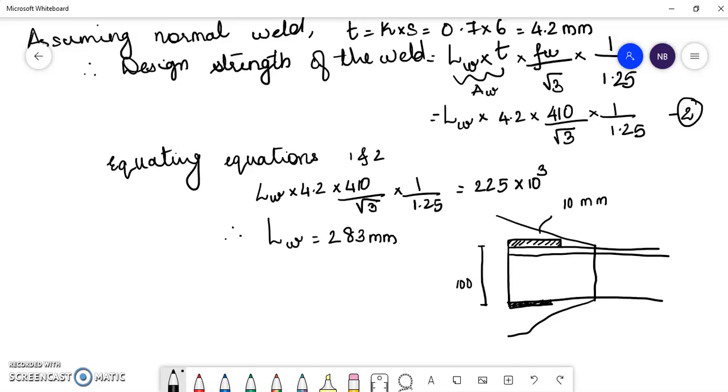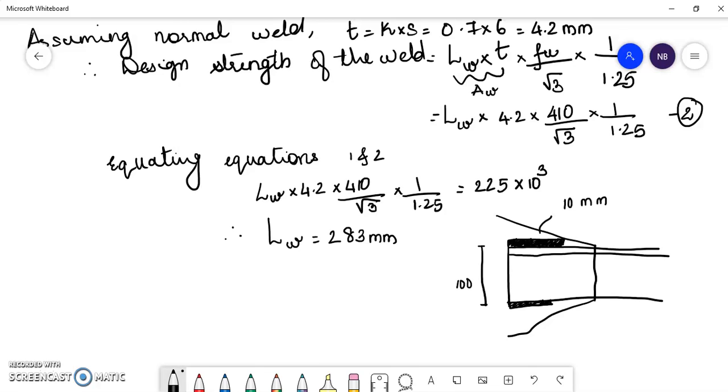In the other problems that we have solved, we have joined two plate sections and the plate sections were symmetrical. So the length that we provided on either side was equal. In this case we have an angle section which is unequal. That is why the length at the top of the angle section might not be same as that at the bottom.